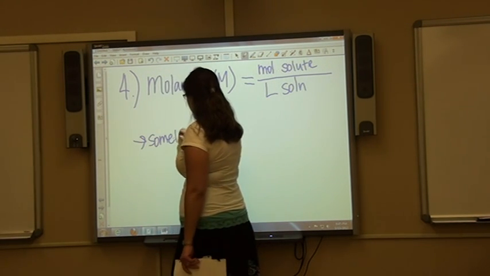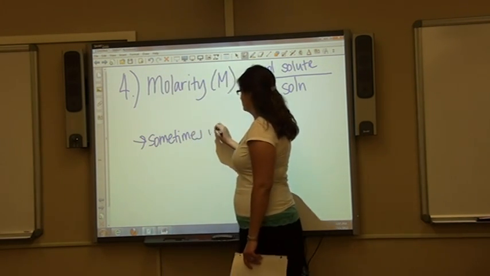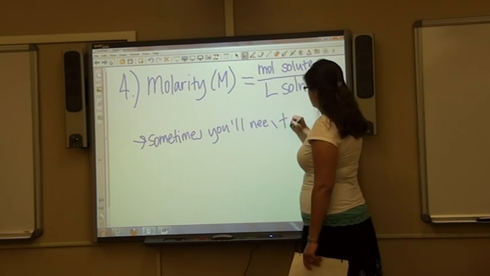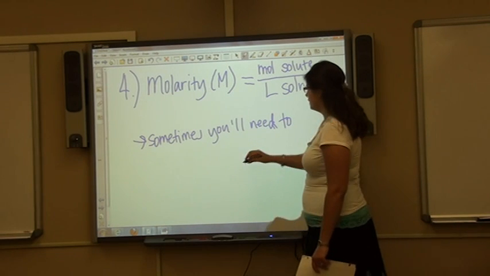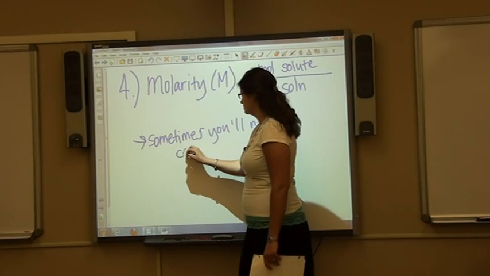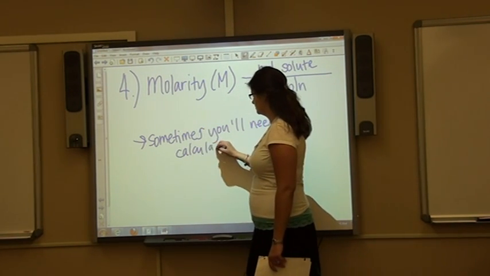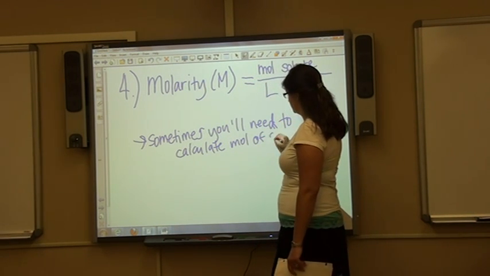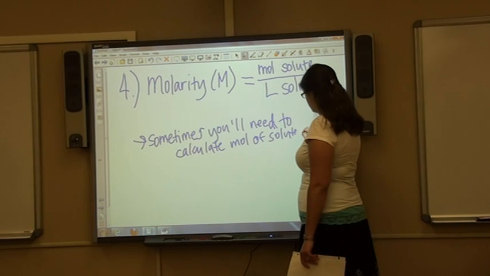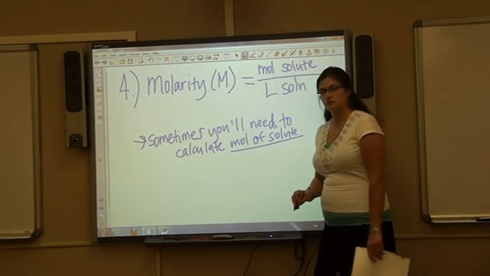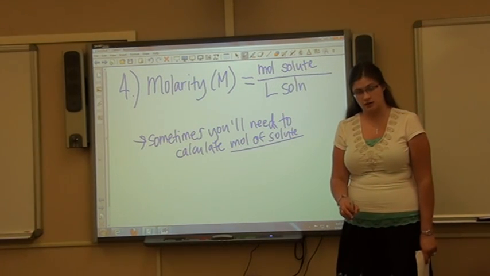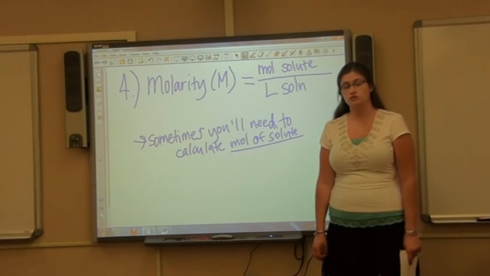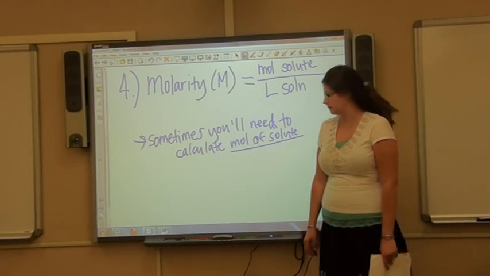Now, sometimes you'll need to calculate moles. You already know how to do that. All you have to do is use your molecular weight and use that as a unit conversion.